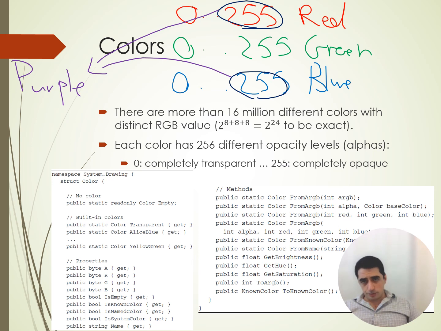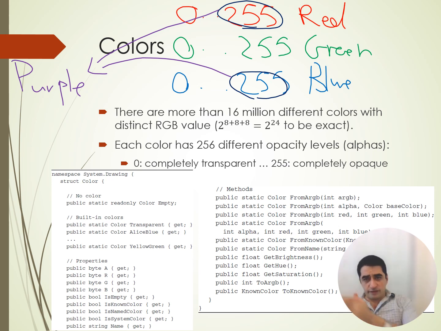You don't need to basically use the maximum intensity. You can use different intensities. Each one has 256 different intensities. 0 would be the minimum intensity, which means you don't use that color. So if the green intensity is 0, that means we don't use any green. For purple, you don't need any green, so you use 0 for the green intensity.